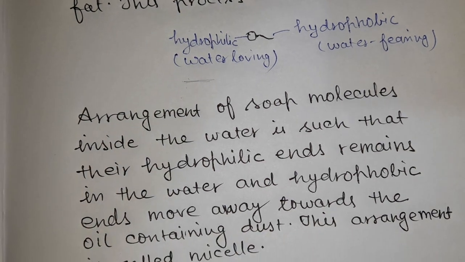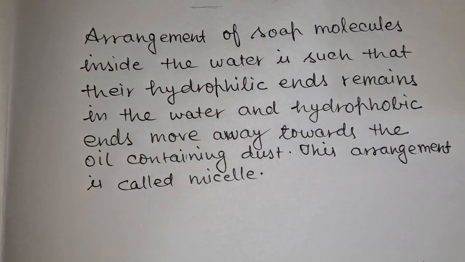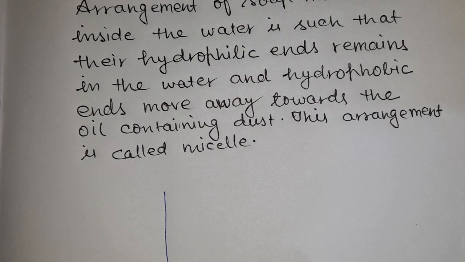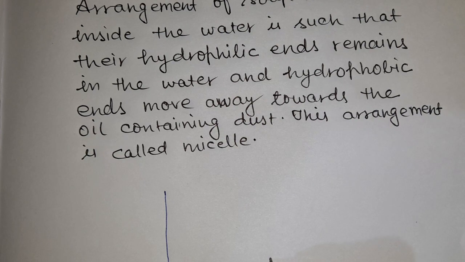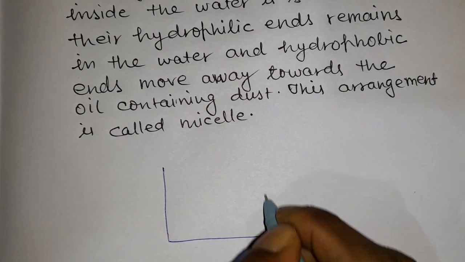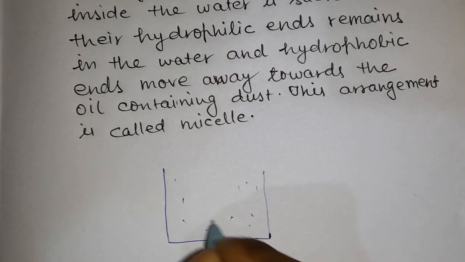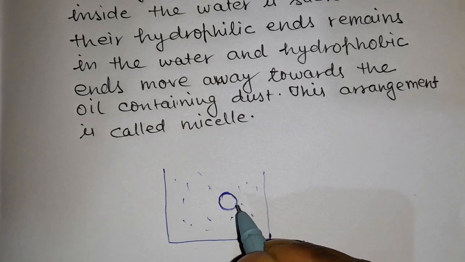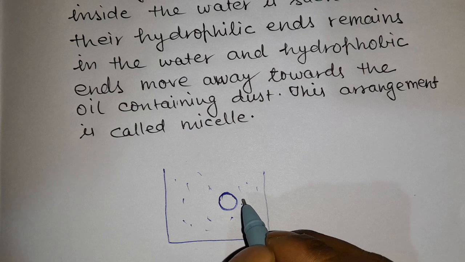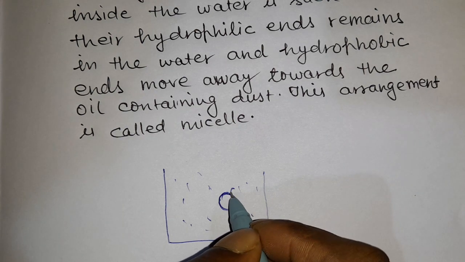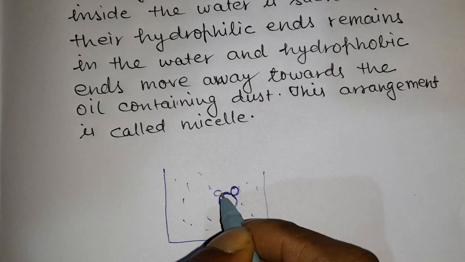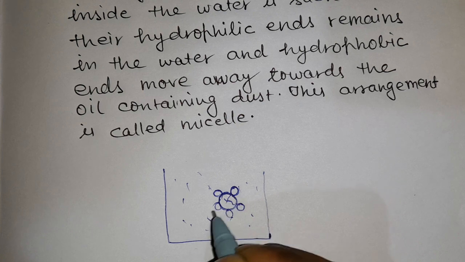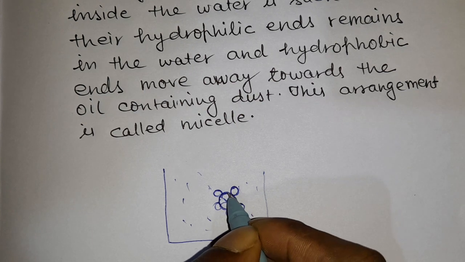If we want to draw the structure of a micelle, look at the soap molecules inside the water. If there is water, and anywhere there is oil containing dust, the soap molecules arrange themselves in such a way that their hydrophilic ends remain in the water and the hydrophobic ends move towards the oil.